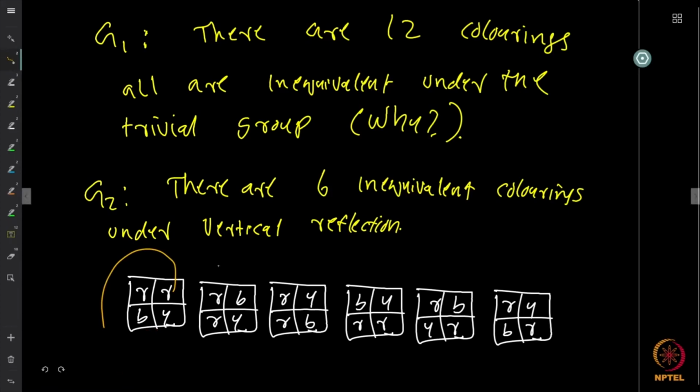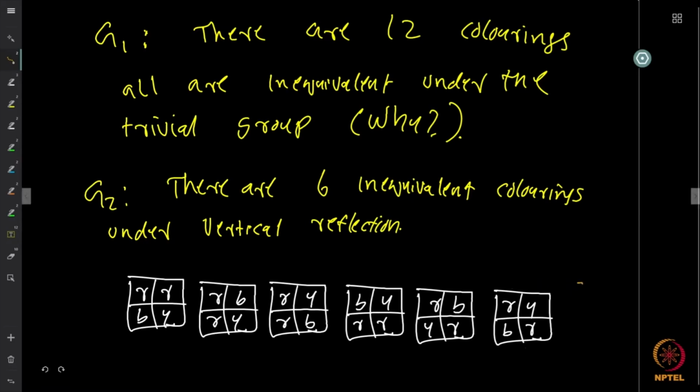Then similarly, you will see that under vertical reflection, this one, for example, is equivalent to RR here, where B and Y are interchanged. Similarly, in each of these, you can find another coloring to which this is identical under the reflection.